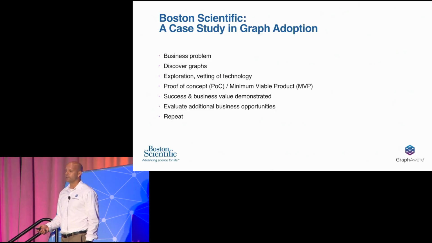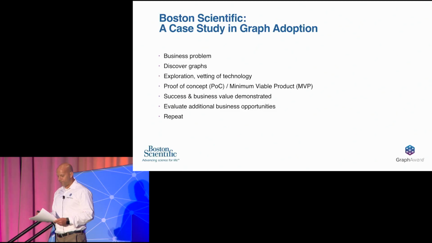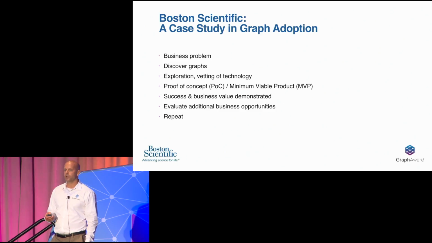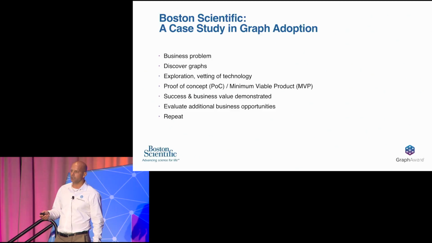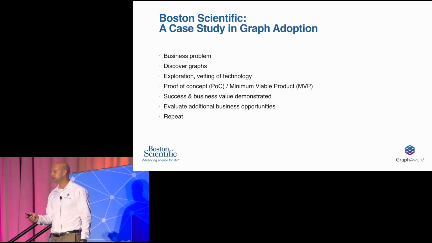Those Cypher statements add business value and allow them to gain experience in adopting Neo4j. At GraphAware, we think we add quite a lot of experience and expertise in this area. Our goal is to work with clients to help them accomplish their goals, to accelerate their timelines, and ultimately to improve the quality of the deliverables. So with that, let's dive into Boston Scientific's use case.